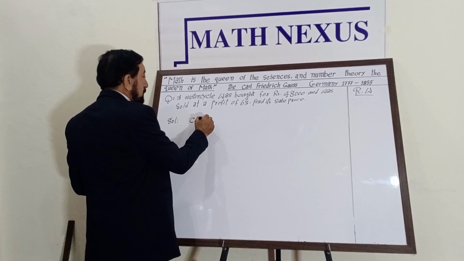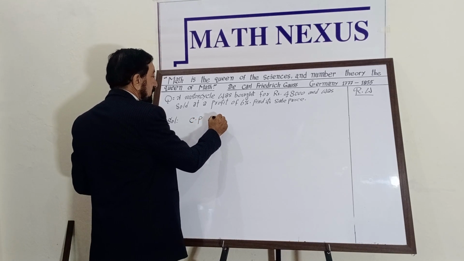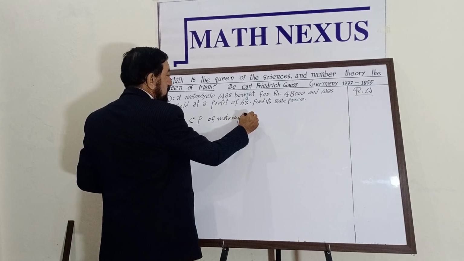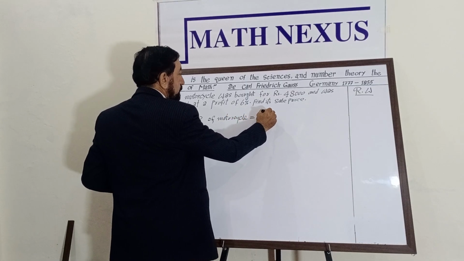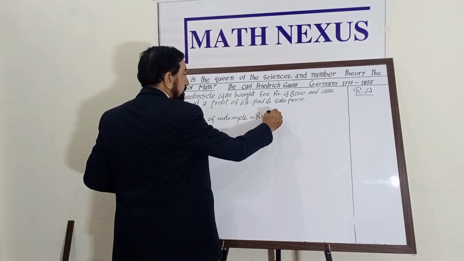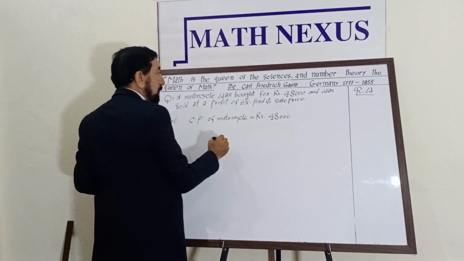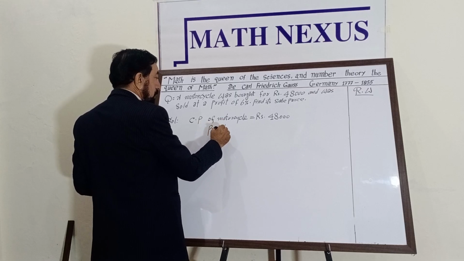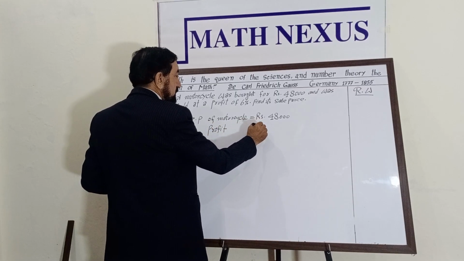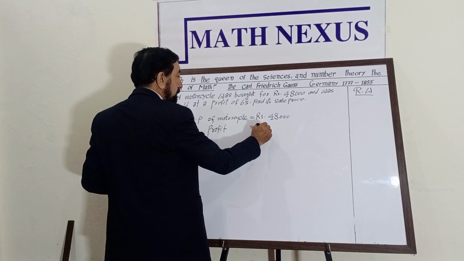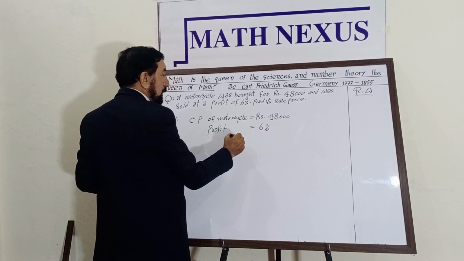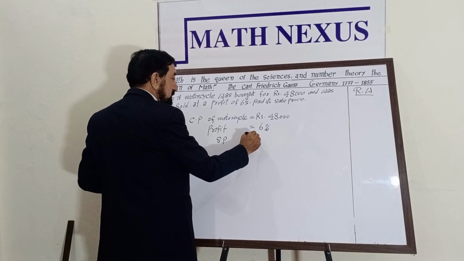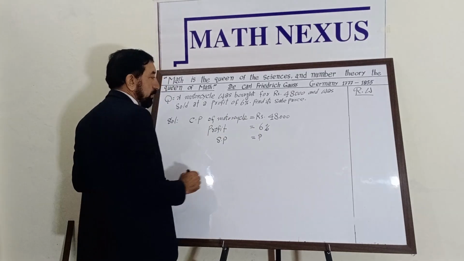Cost price of motorcycle is equal to 48,000 and profit is equal to 6%, and sale price is unknown.